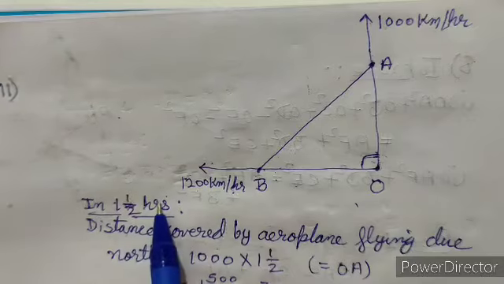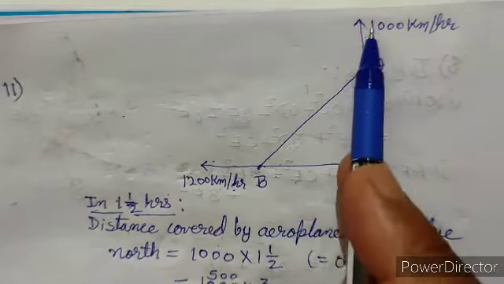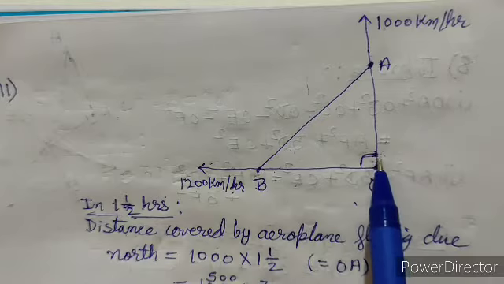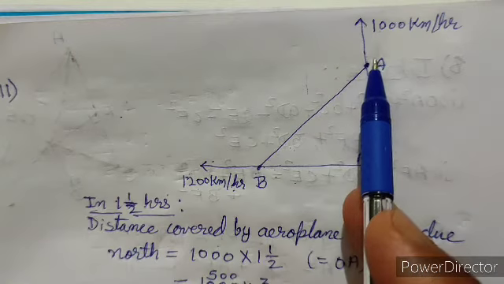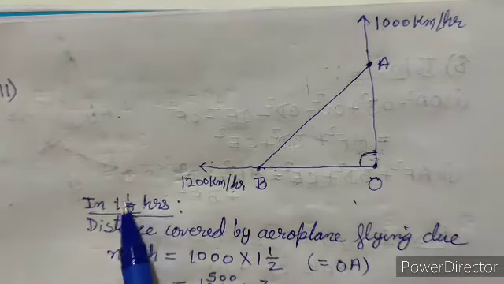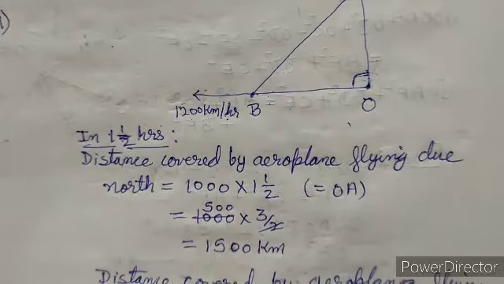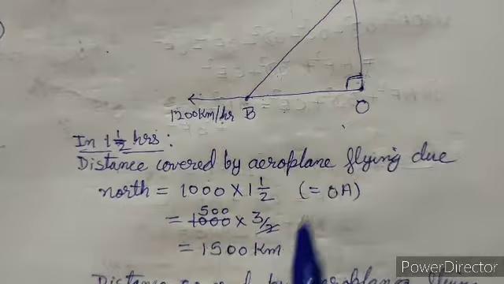Now, in 1.5 hours, the distance covered by the plane flying due north is OA, and that will be 1000 into 1.5, speed into time, and this is equal to 1500 km.